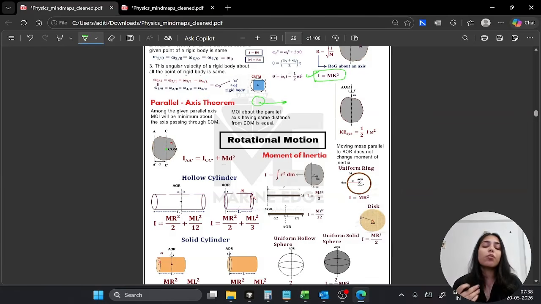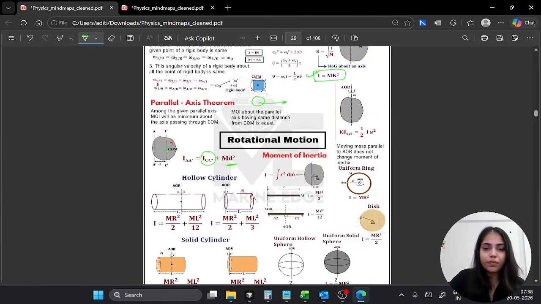Normally, you know the moment of inertia of a particular shape across its center of mass, for example a disk or a cylinder, but you cannot know it across every random distance. To calculate that, we use this formula: the moment of inertia across center of mass plus mass into distance square.